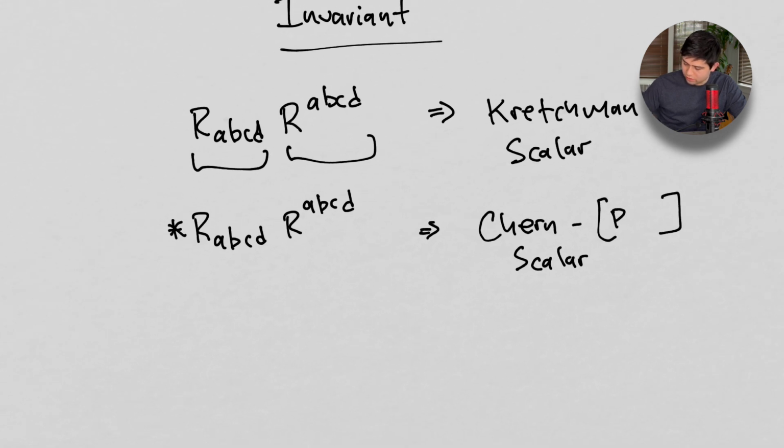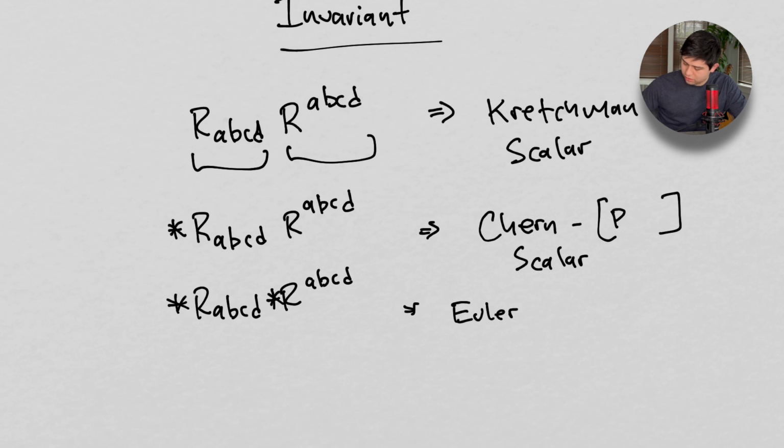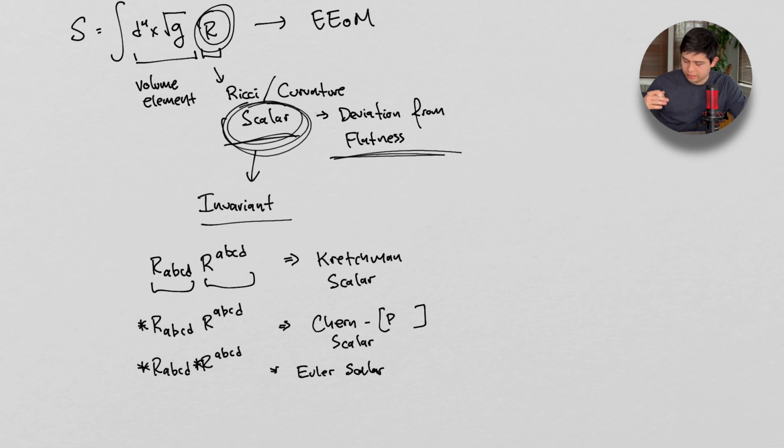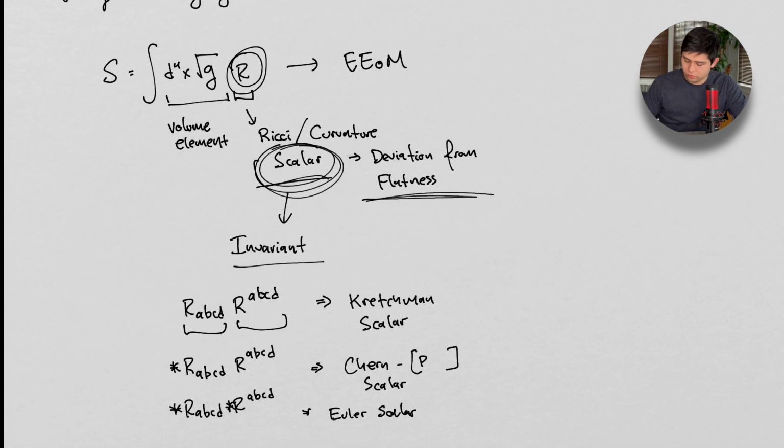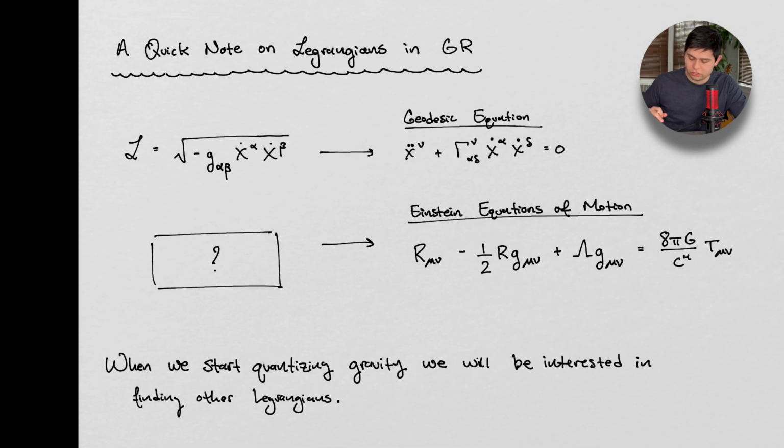And then we're going to have our R_ABCD, R_ABCD duals of both of them, and this is going to be our Euler scalar. It's a scalar. But we're going to take a look at all these guys, right, and a lot more. And so this is what I want to say about Lagrangians in general, for general relativity.